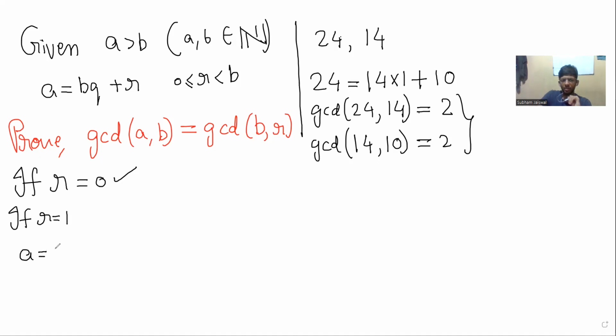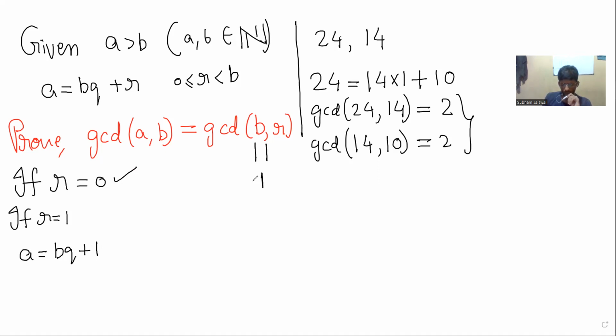In this case, can you please prove? Somebody please, if they understand how to prove this. If the remainder is 1, then the GCD of B and 1 is 1, no doubt.